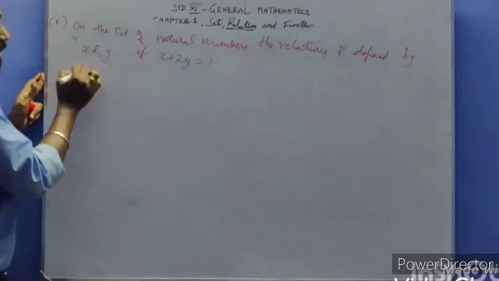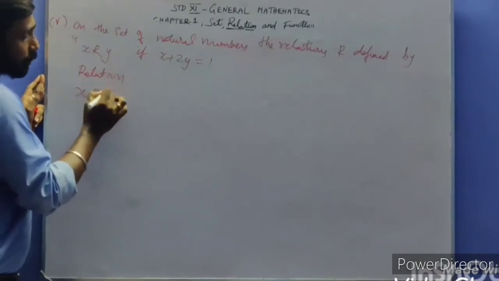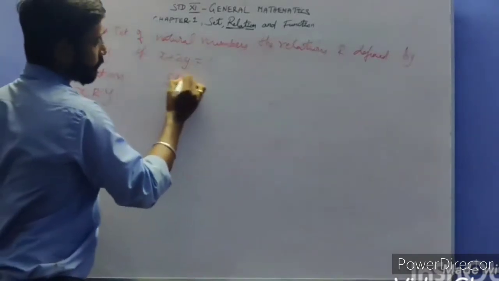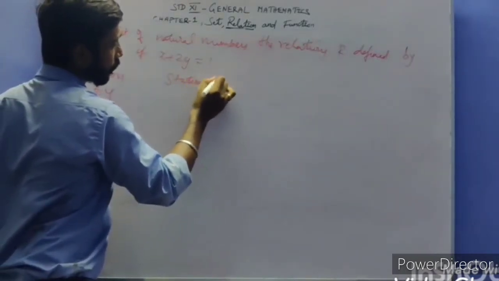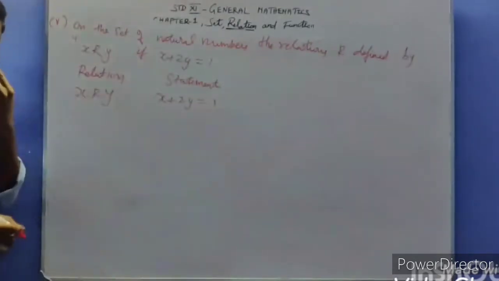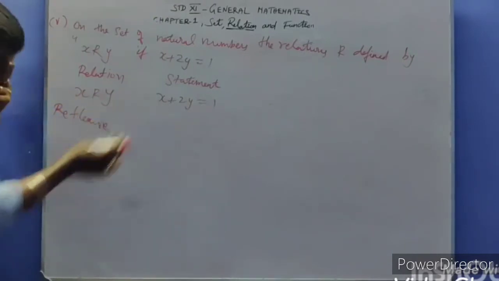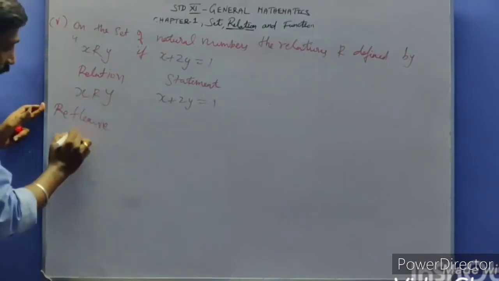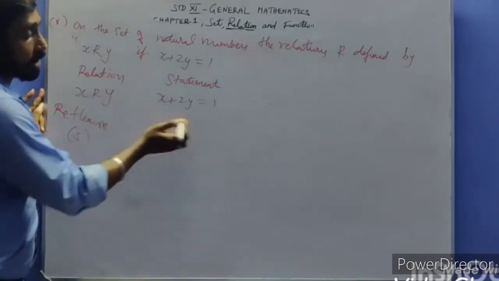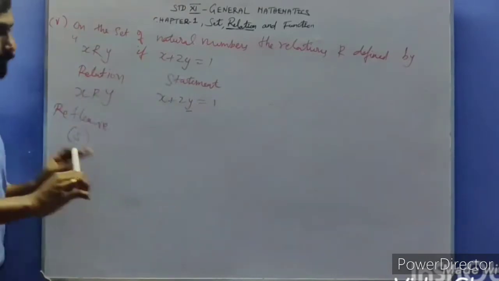What is the relation they are given here? The relation x related to y, the statement x plus 2y equal to 1. So first we have to find out the reflexive. Reflexive means itself.